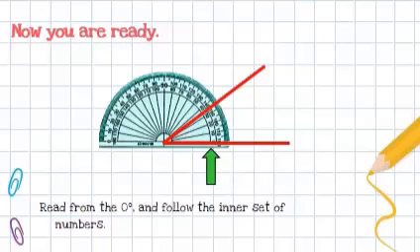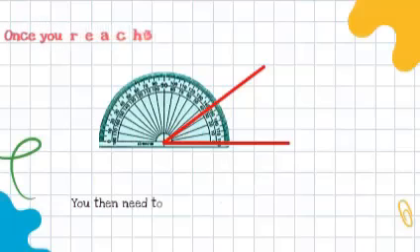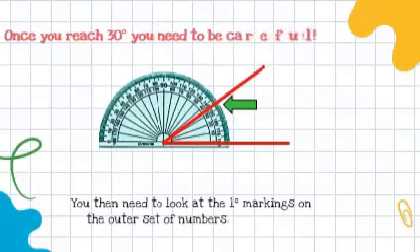Read from the 0 and follow the inner set of the numbers. So you start from the 0 until you reach the second arm. So this is 0, 10, 20, 30. Now you should stop at 30. Then you start counting these lines here: 1, 2, 3, 4, 5.